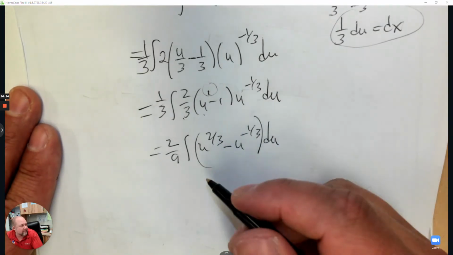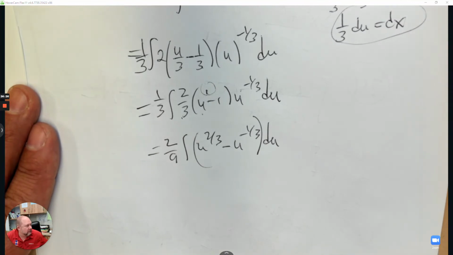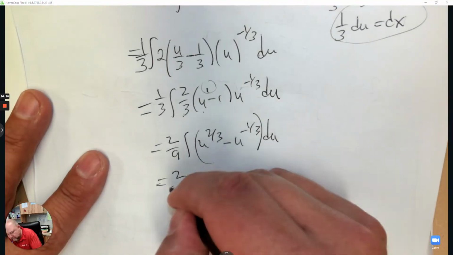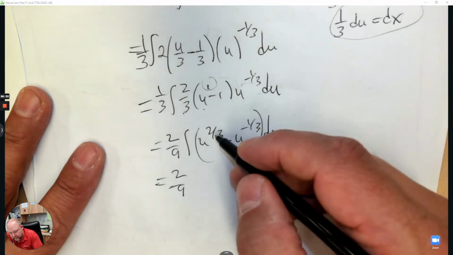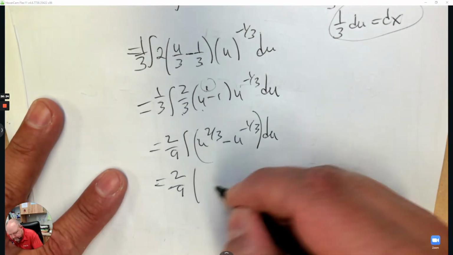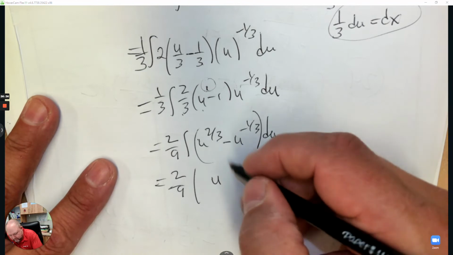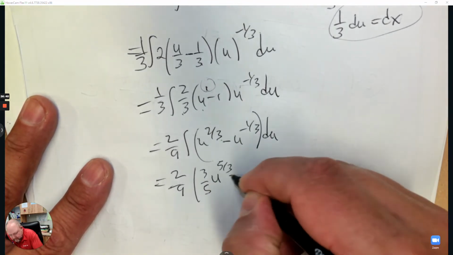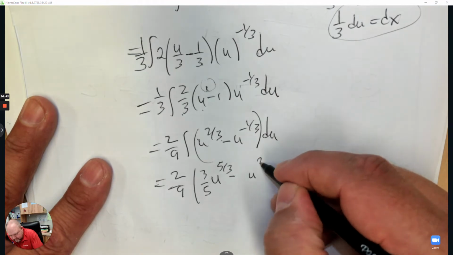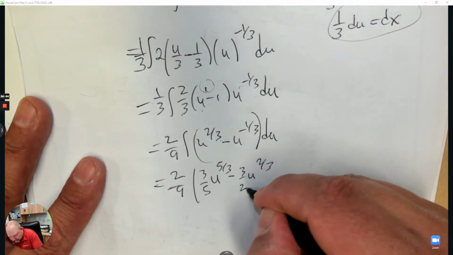And then at this step, I can do the power rule. So I'm going to add 1 to the exponent, 2 plus 3, and then do the reciprocal. I'm going to add 1, that's 2/3, and then the reciprocal.